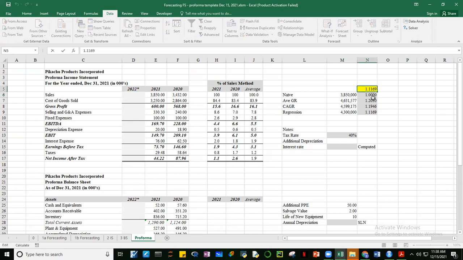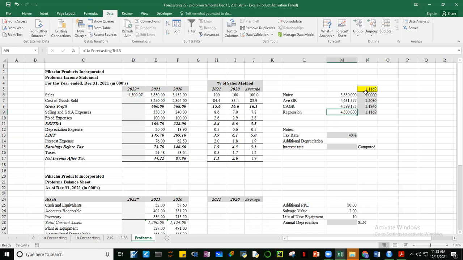Hindi natin gagawin yung formula kasi pag link natin dito yan, then hindi na mapipili yung iba, no? So I'm just going to choose is equal to this index here multiplied by itong 3850 na to. Or pwede rin natin gamitin to, pero ginamit ko na lang to. Okay? So this is 4.3.